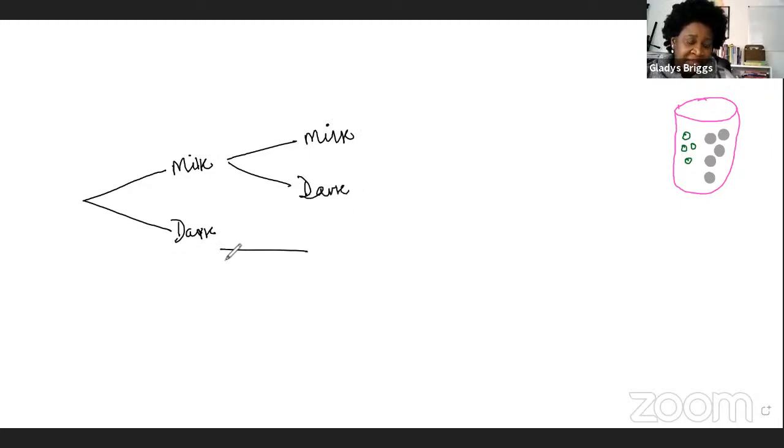Then we have another branch of milk and dark chocolate. Okay, so here you have 18 over 30, and here you should have 12 over 30.